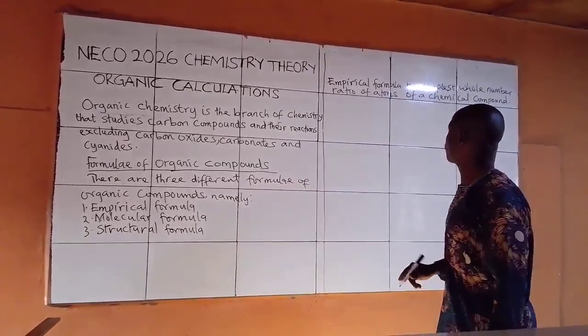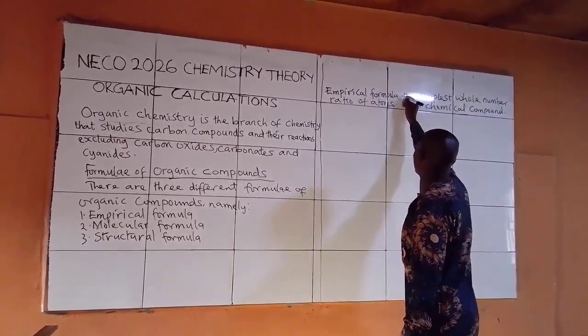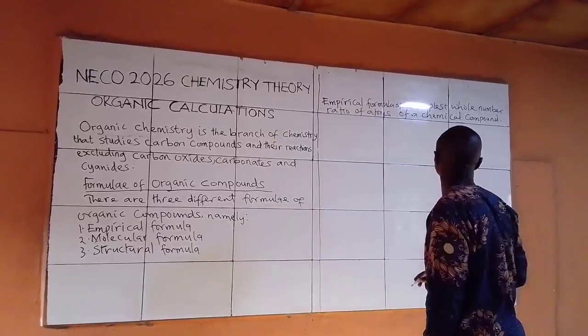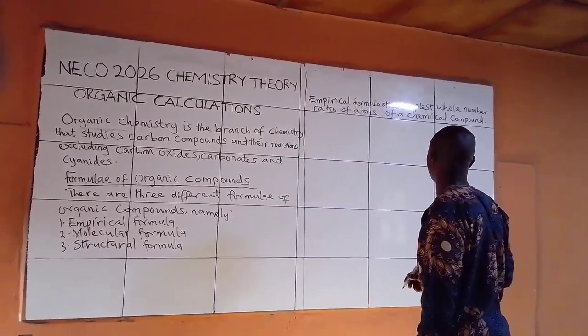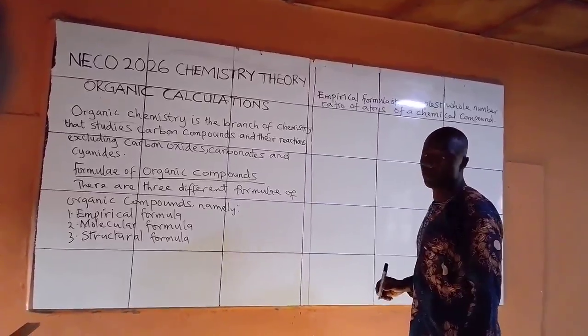That is, empirical formula is the simplest whole number ratio of atoms of a chemical compound.